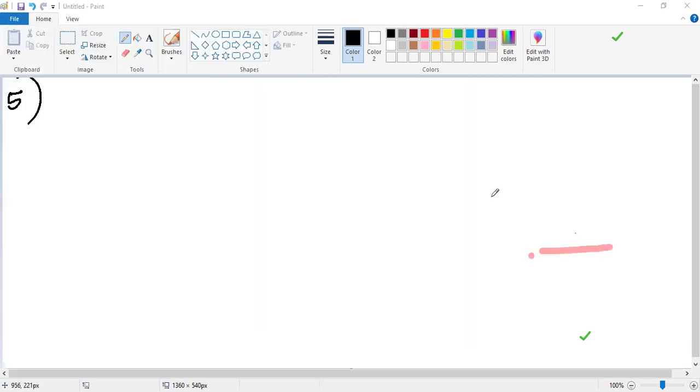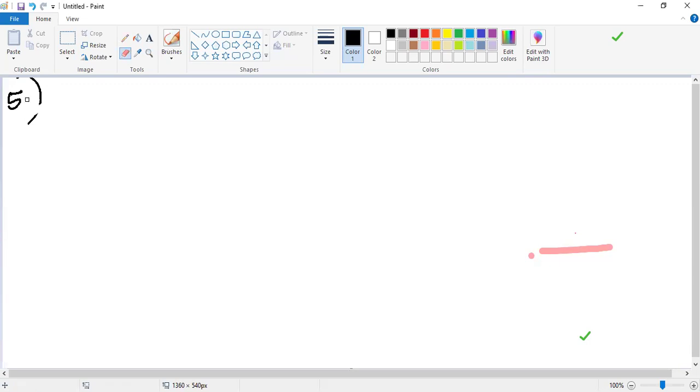Example number 5, actually we've done this example. So let's look at this example. And now what we want to do is to convert it into a matrix equation.